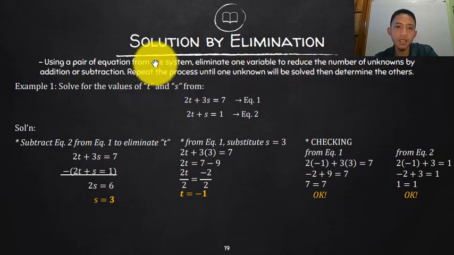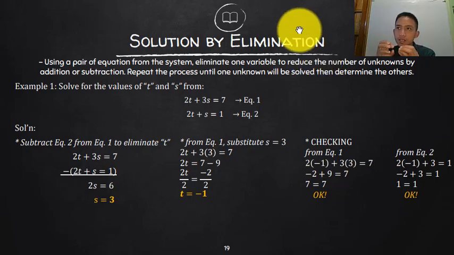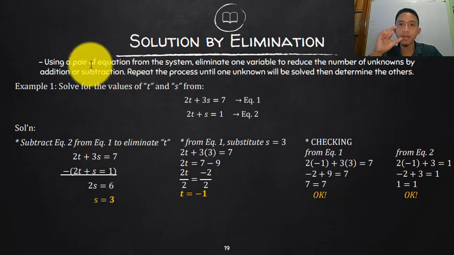So what are we going to do? If in substitution we rearrange and substitute the equivalent of a single variable into the other equation, here we are going to take the equations from the system pair by pair, and eliminate one variable.